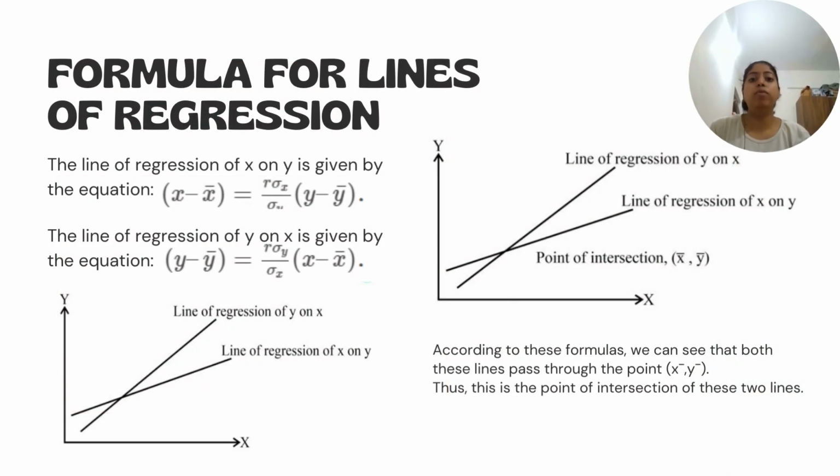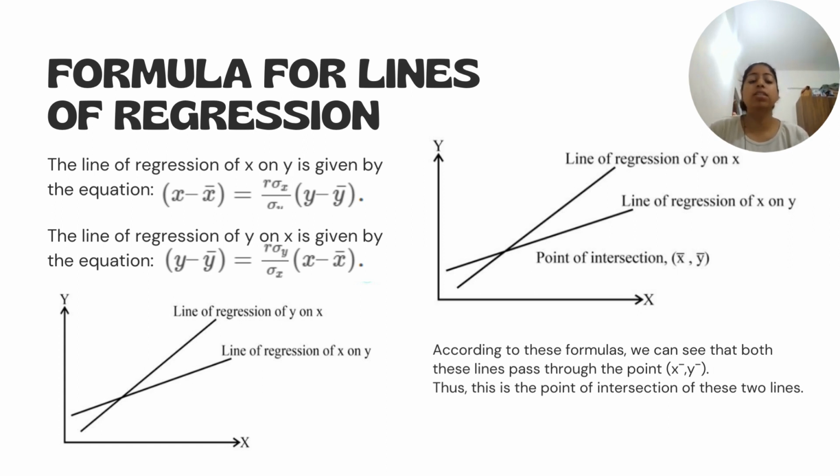Formula for lines of regression. The line of regression of x on y is given by the equation x minus x bar is equal to r sigma x by sigma y into y minus y bar. And the line of regression of y on x is given by the equation y minus y bar is equal to r sigma y upon sigma x into x minus x bar.